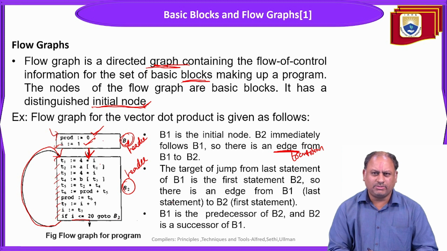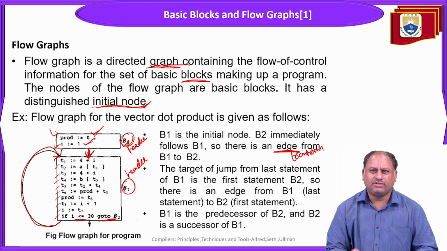And the last statement in B2 goes to the first statement of B2. Why? Because the list of statements is executed one by one, and finally if the condition I less than or equal to is satisfied, then it immediately jumps to the first statement of B2.